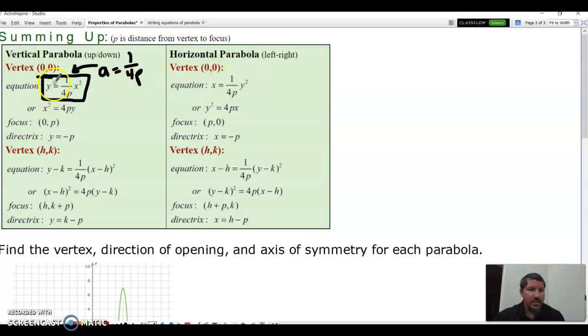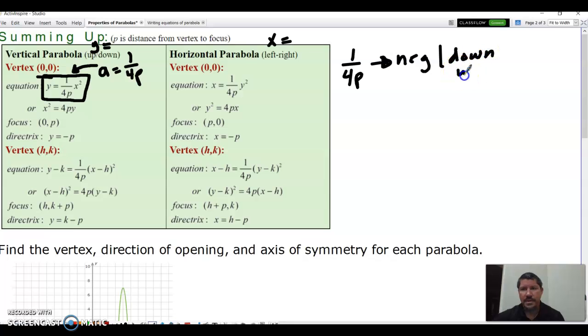When it's y equals, we open up or down. X equals, we open right or left. If 1 over 4p is negative, then we're opening down in y equals, or left in x equals.